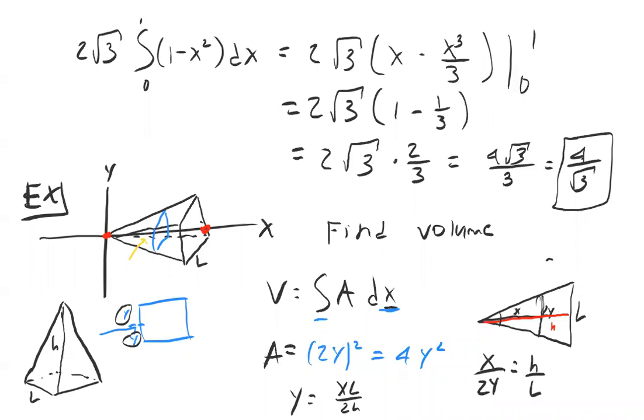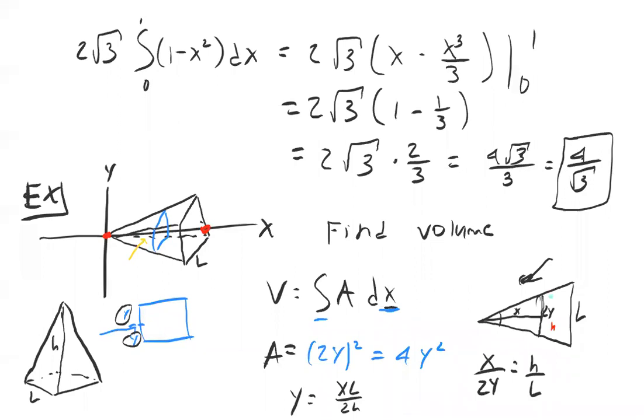similar triangles. So over here, I've drawn the triangle. Let me erase that red line so we can see what I've done there. So the first triangle is the one with height x and base 2y. I've gone along the x-axis a distance x, and then my base is 2 times y.